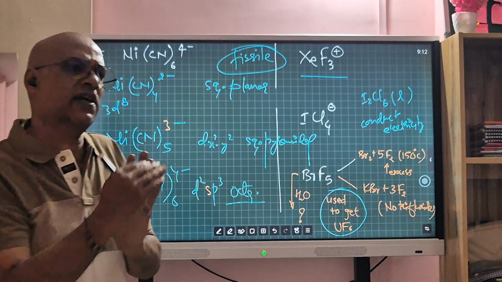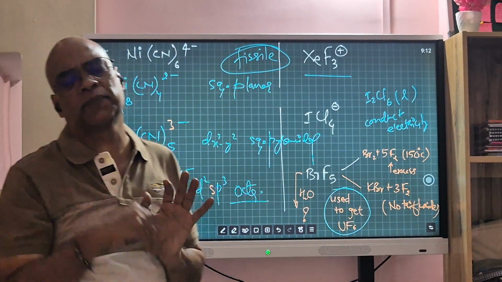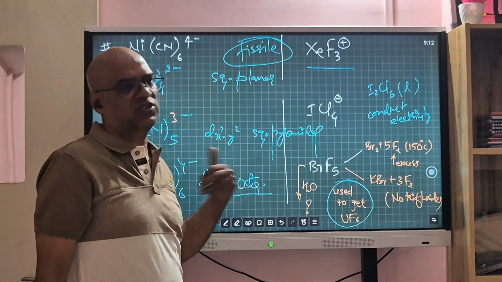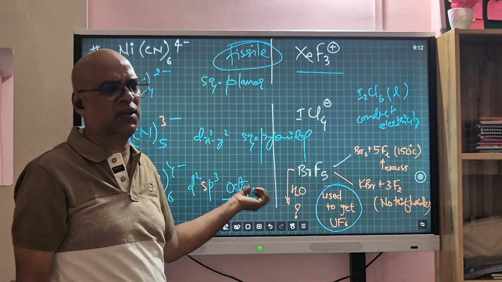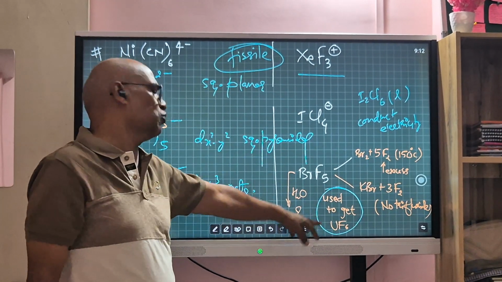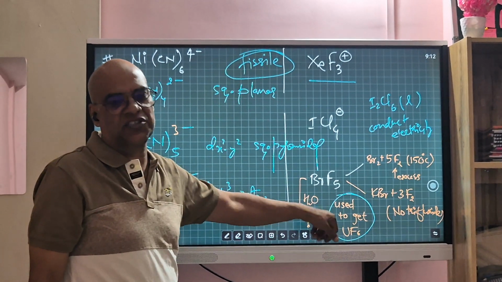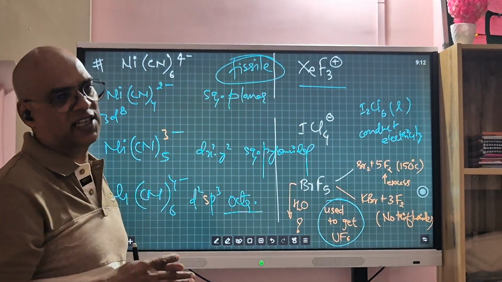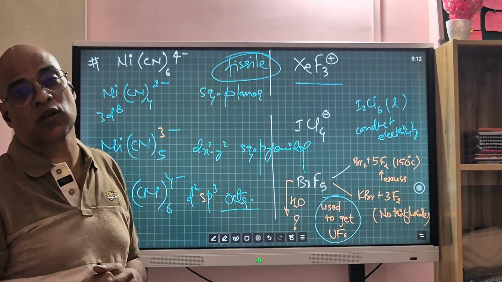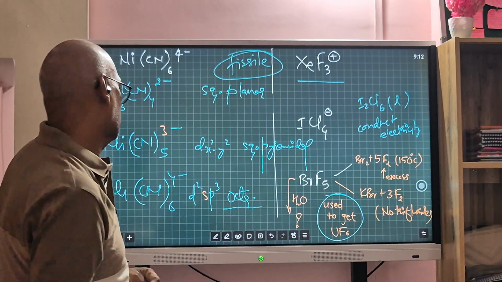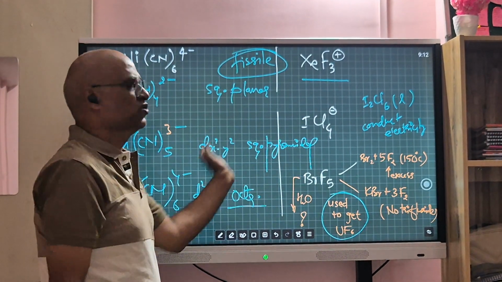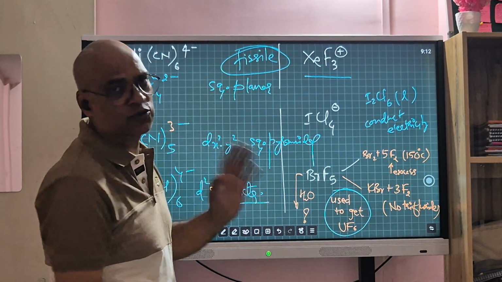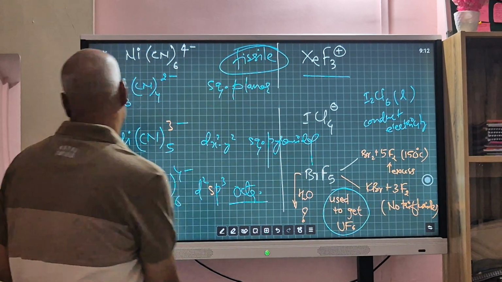So how to separate uranium-235 from uranium-238? We need isotopic enrichment, and you know the diffusion method. Diffusion is only possible in the gas phase, so we convert into UF6, which is gaseous. In gas phase diffusion, higher molar mass gas will diffuse slow and lower molar mass gas will diffuse fast. So by relative diffusion, we can separate uranium-235. That is known as isotopic enrichment.